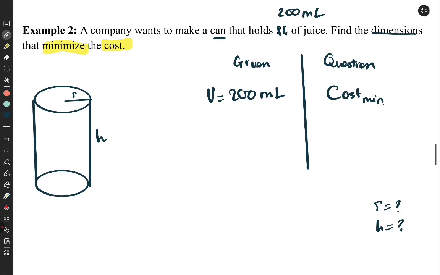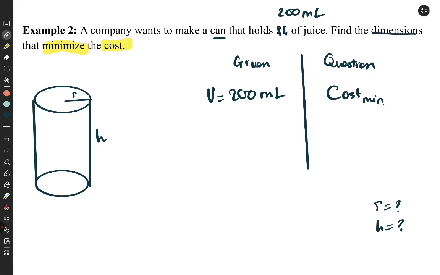Find those two. Previous problem, length and width, 1K each, a square. This problem, the radius and the height, given that. Think critically.